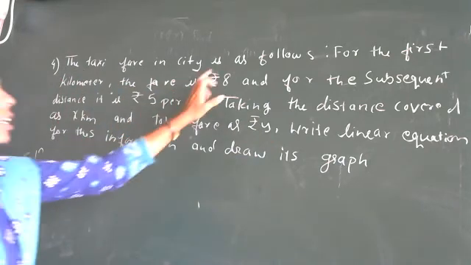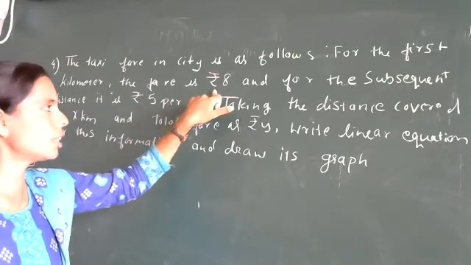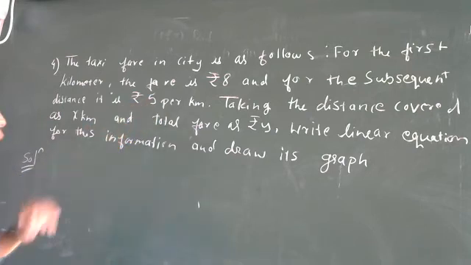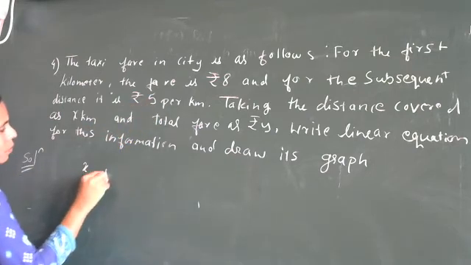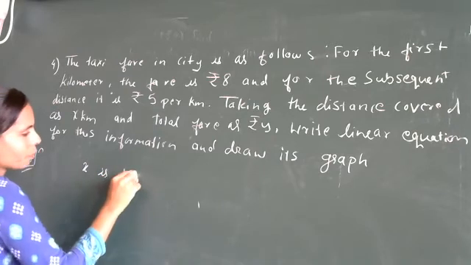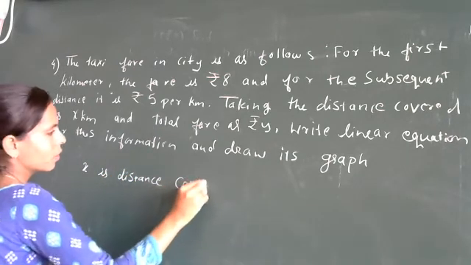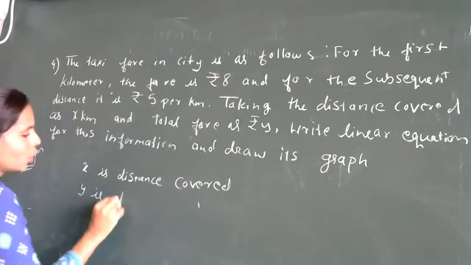Now they have given 8 rupees as the charge for the initial distance, that is the first kilometer, and after that it will be charged as 5 rupees per kilometer. So x is distance, and y is total fare.